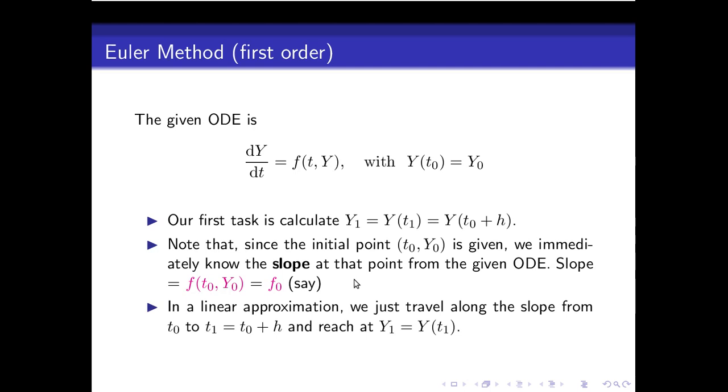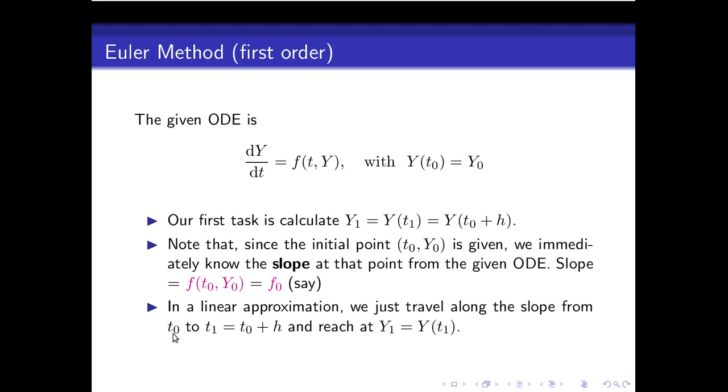So this is a linear approximation, which is why it is called first order, and it can be easily seen that this is consistent up to the first term of the Taylor series expansion. So linear in h. In a linear approximation, we just travel along the slope from t0 to t1, that is t0 plus h, and reach y1, which means y at t1.